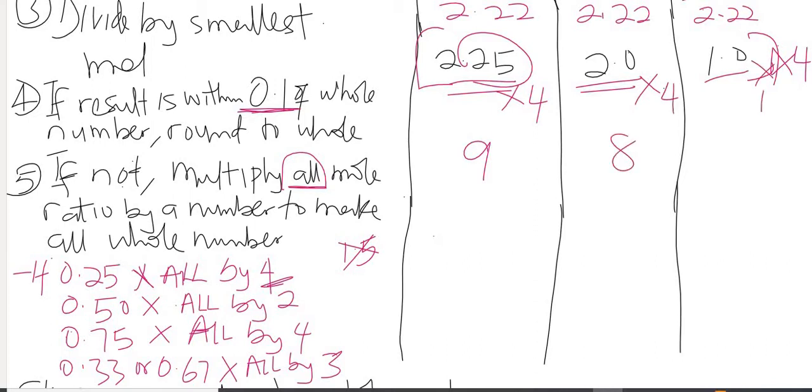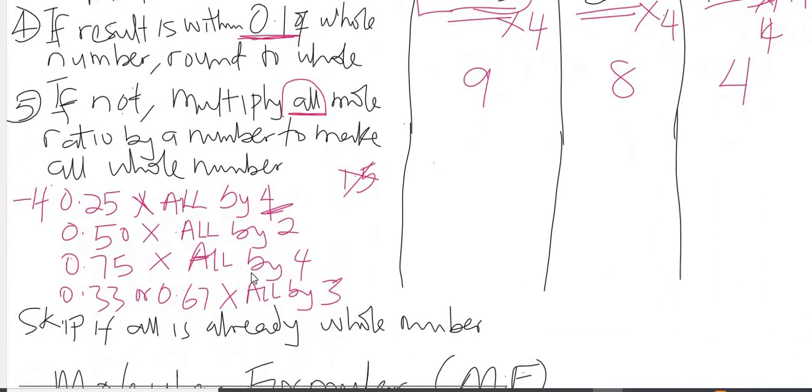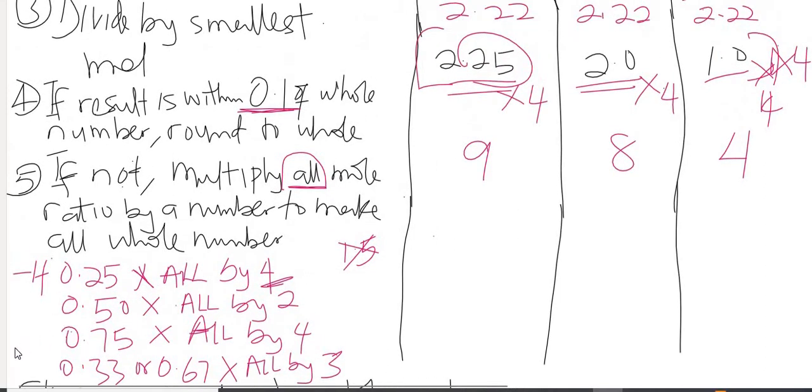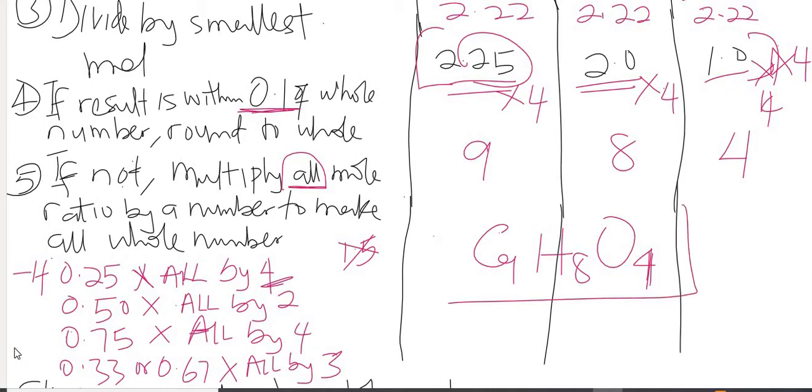And 1 times 4 gives us 4. Since everything is whole numbers, we skip the fifth step. So our empirical formula is going to be carbon 9, hydrogen 8, and oxygen 4. That gives us the empirical formula for aspirin.